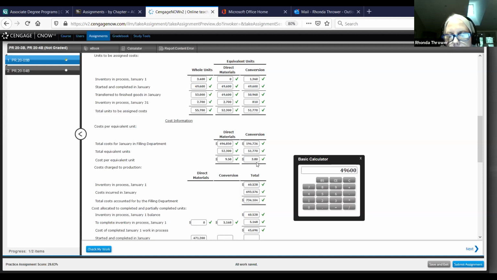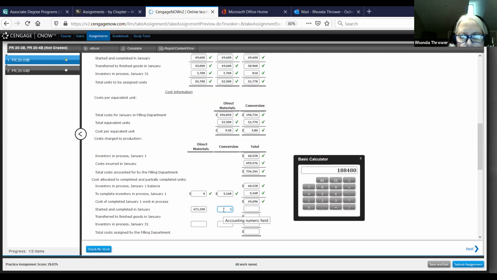So 49,600 times $3.80 is going to give you 188,480. And I'm going to combine this with my materials cost, and that will give me the total cost of my started and completed units.